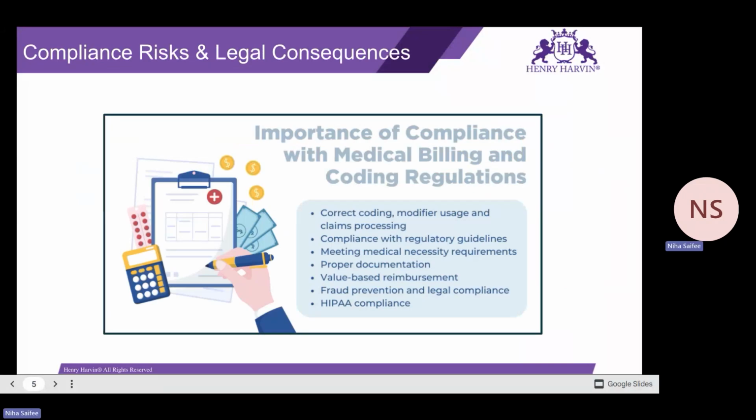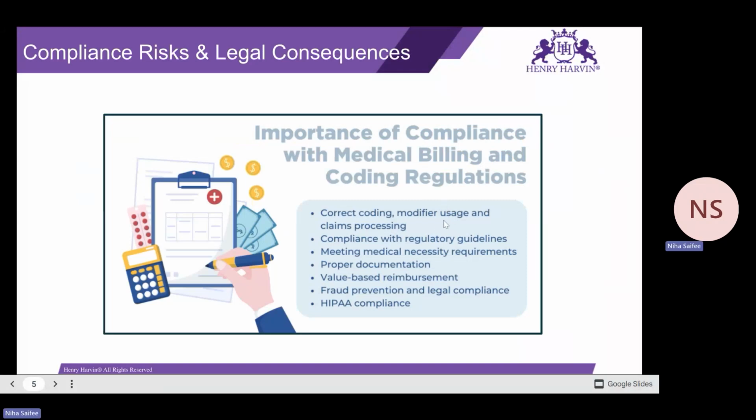Now, I have already spoken that you have to be compliant with the coding regulations. When I talk about compliance, accuracy is part of compliance. Accuracy in documenting the medical record, accuracy in selecting the codes, and accuracy in selecting the right modifiers are part of your compliance.